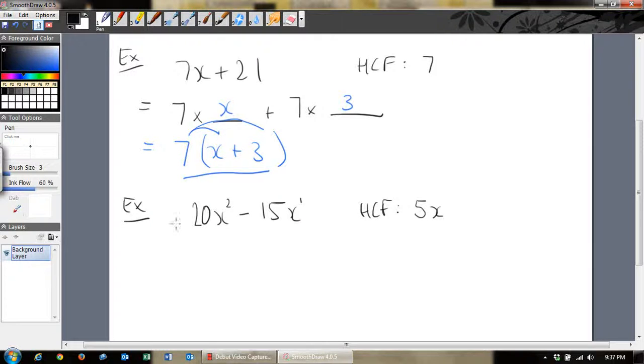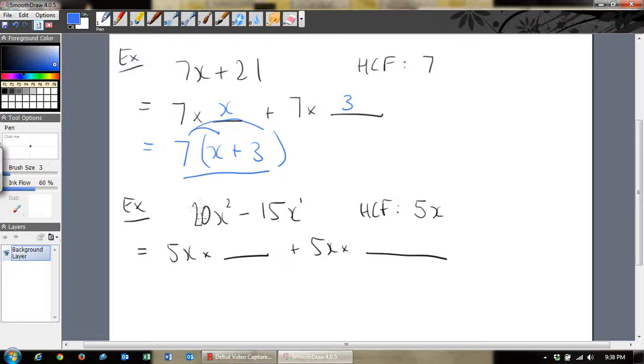Right. Time for the truth. Here we go. So now we write down our highest common factor times by something plus our highest common factor times by something else. And let's figure out what those somethings are. Okay, 5x times something is equal to 20x squared.